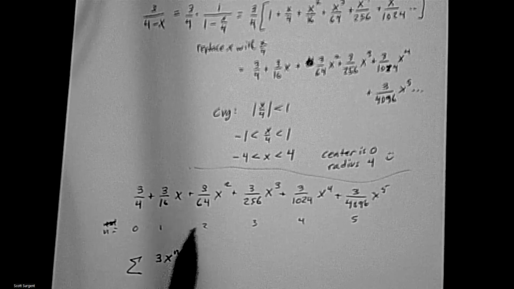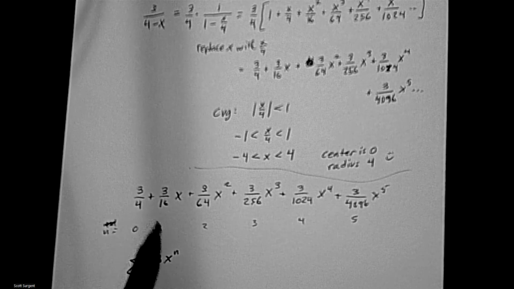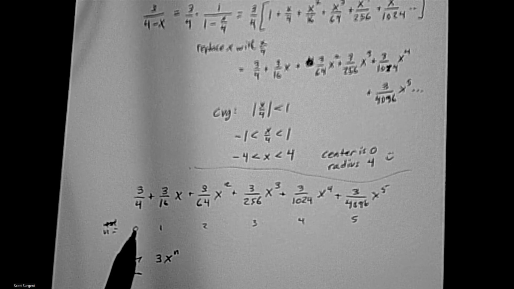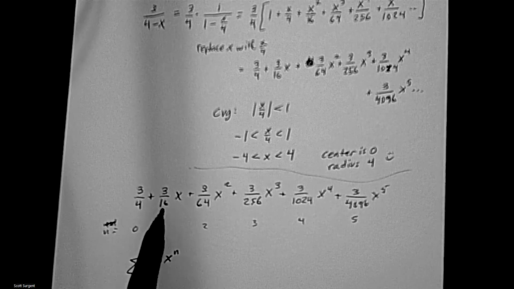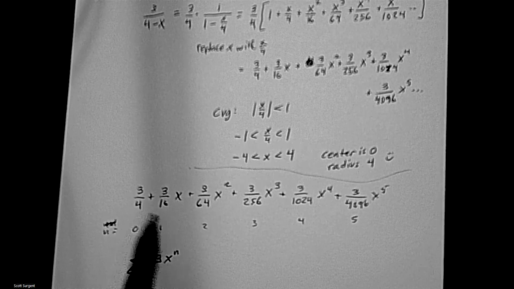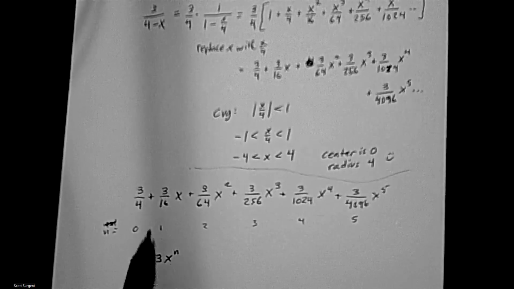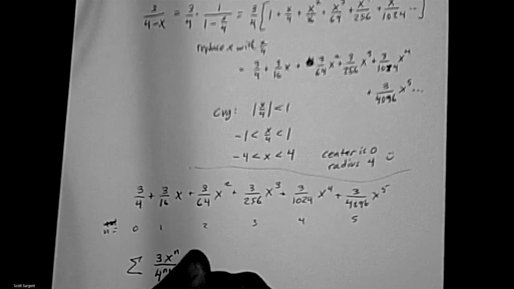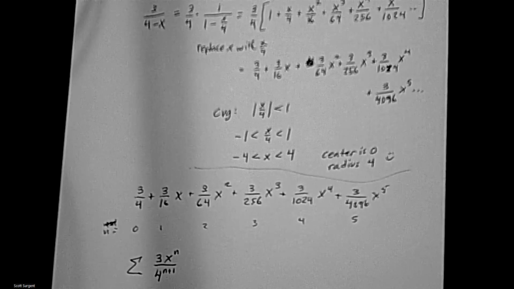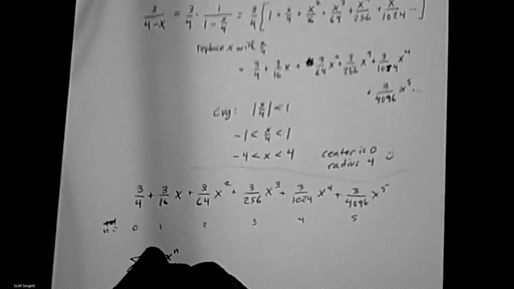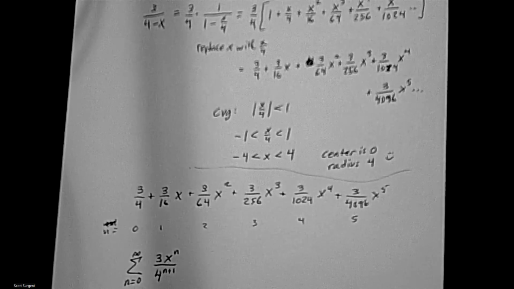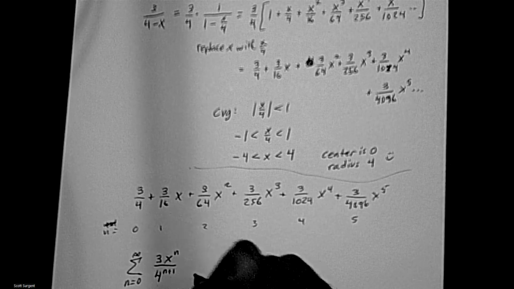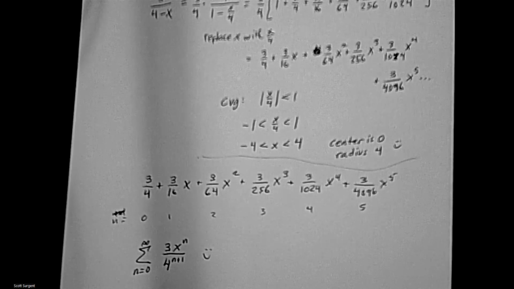But the 4s are actually a power, because normally 4 to the 0 is 1, and 4 to the 1 is 4, so I'm off a little bit. It's actually going to be 4 to the next higher power. And I have to adjust it slightly. And that way, if I go from 0 to infinity, that should be my general form. That's how I do it. That's kind of how I piece it together.